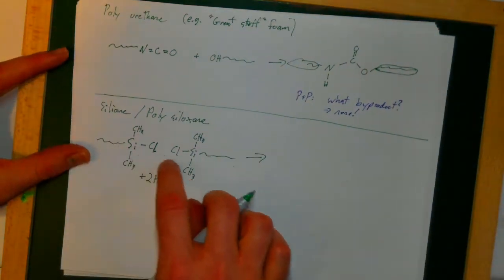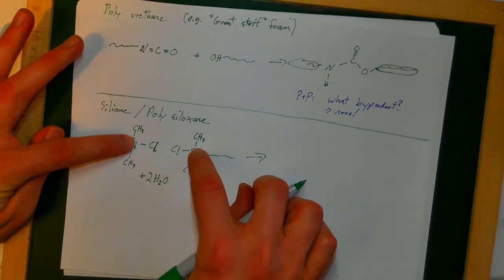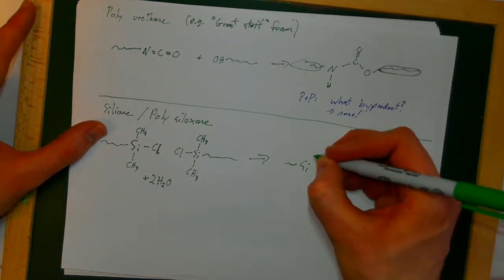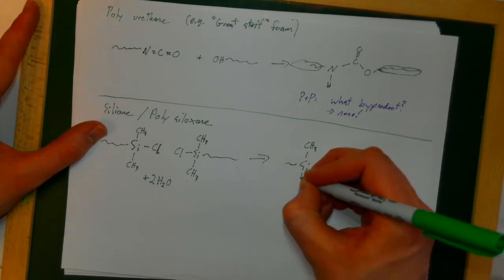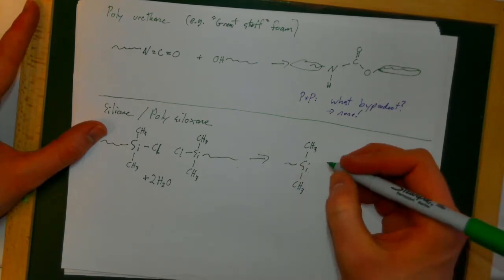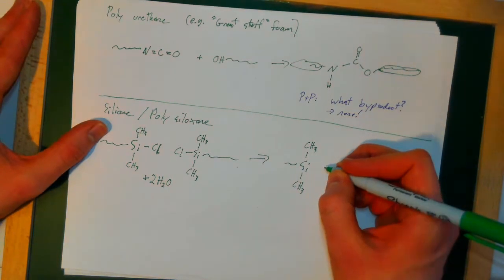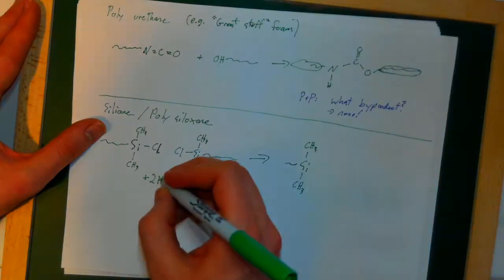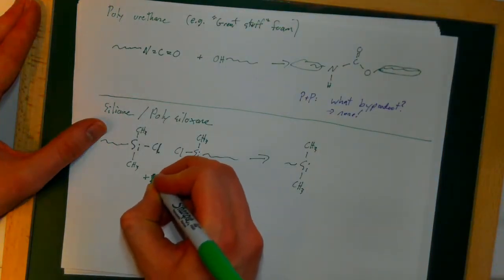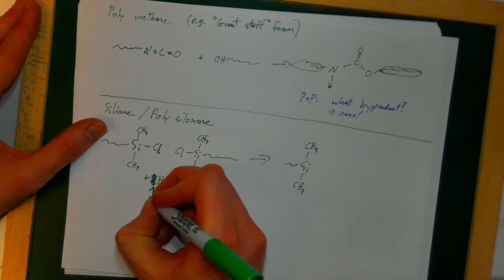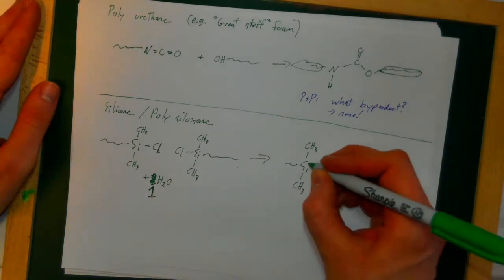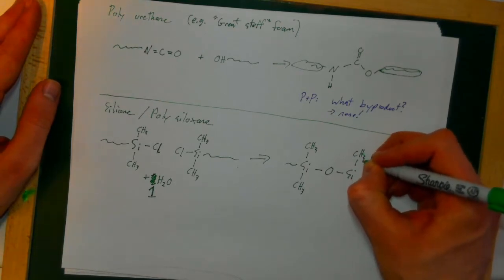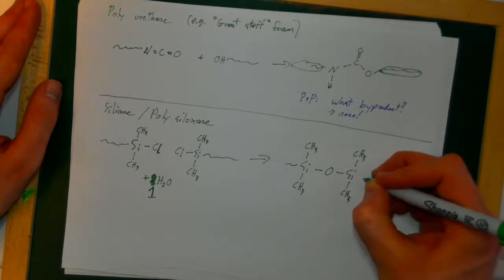In the presence of water, these two things can react with one another, and you end up with a silicon, CH3, CH3, and an oxygen single bonded to a silicon, CH3, CH3.